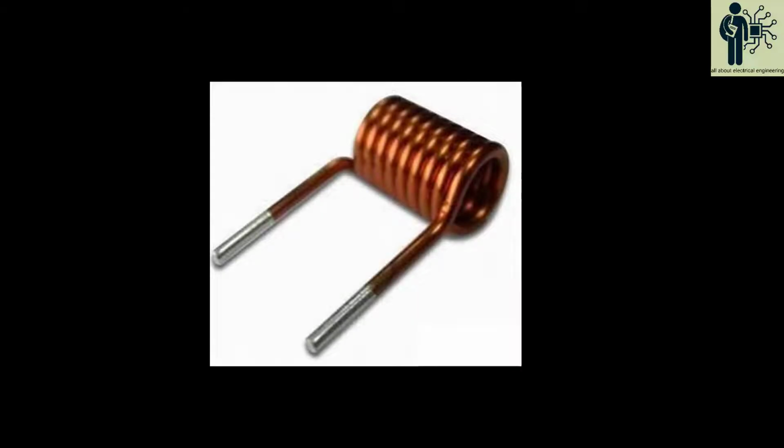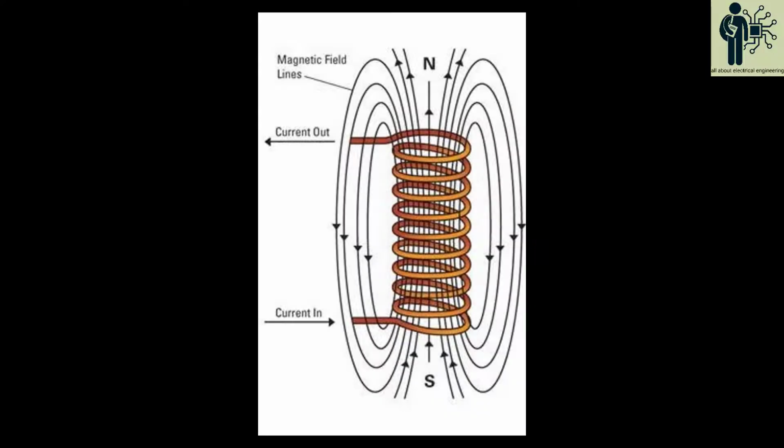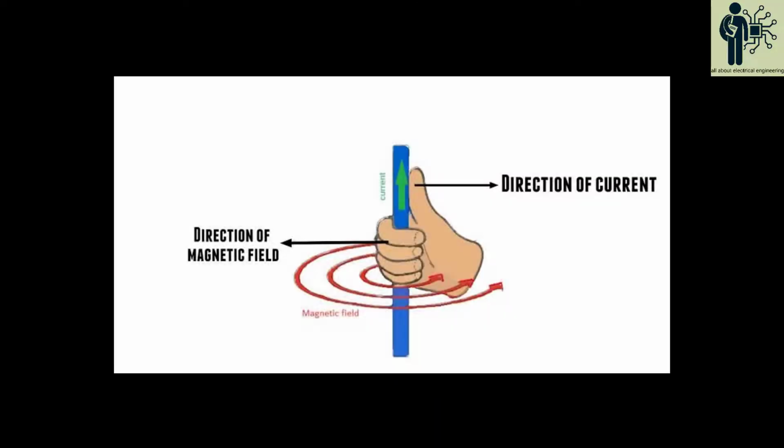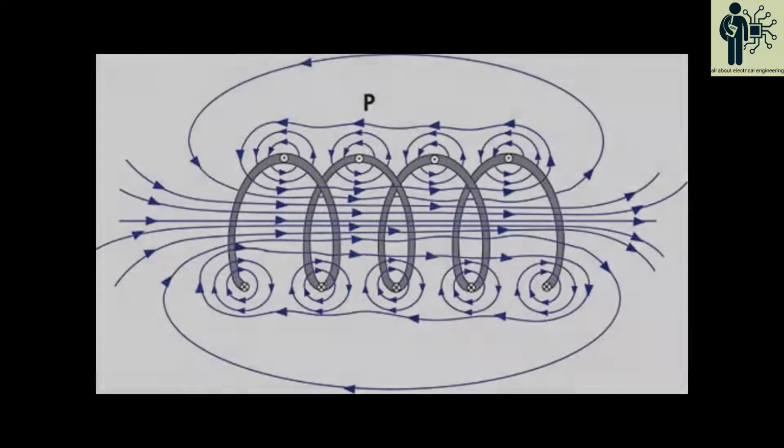Now, if we wind the conductor in the form of a coil or solenoid, it can be assumed that there will be concentric circular flux lines for each turn of the coil. If the current through the coil changes, the magnetic flux produced by it will also change at the same rate.